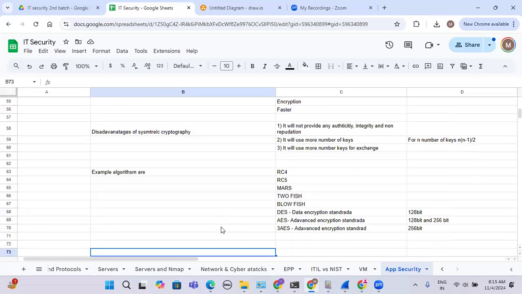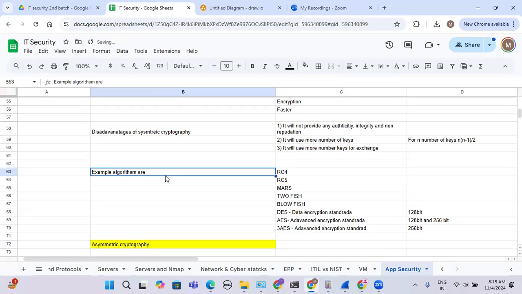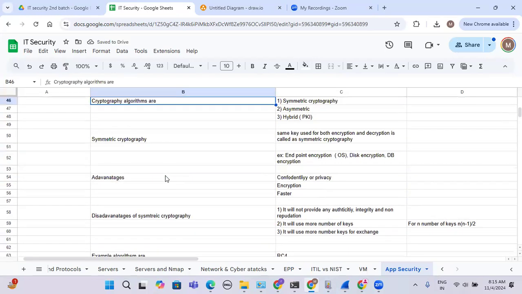Now, in the same way, we can discuss the asymmetric side, asymmetric cryptography. Later I can provide a tabular format of symmetric versus asymmetric. As I said, asymmetric provides two different types of keys for encryption and decryption.